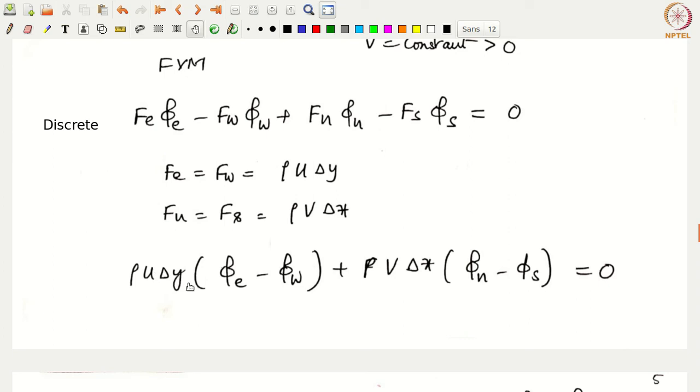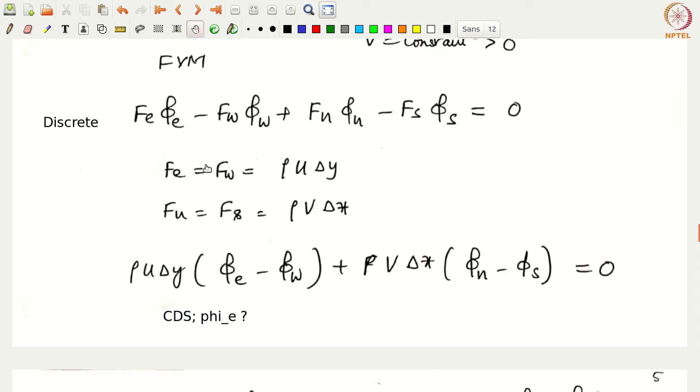Okay. Now we have to introduce the discretization for the central difference scheme, right? That is basically, how do we describe the value of phi on the east face, right? This is using the central difference scheme. We write it as the linear average or arithmetic average of the two cell values, right?